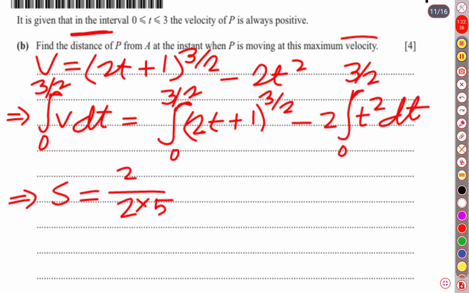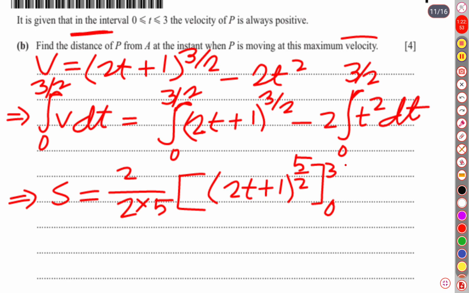Then the function 2t plus 1 is raised to 5 over 2, with limit from 0 until 3 over 2, minus, here also increasing the exponent by 1, it is 3, and it is t cube.